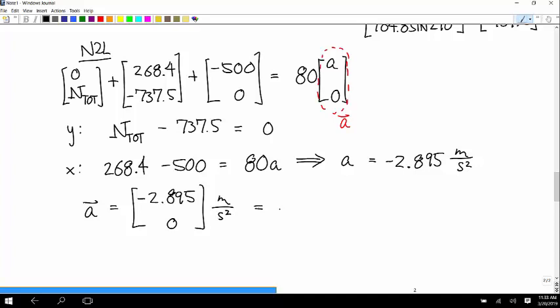Or in other words, negative 2.895 meters per second squared times i. Or in other words, up the ramp with a magnitude of 2.895.